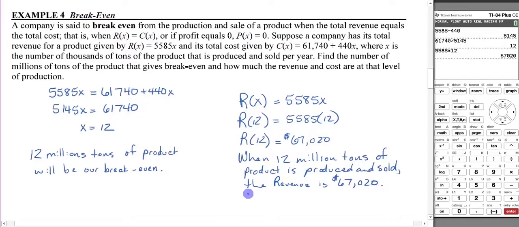Okay, now the cost of producing 12 million tons of product is going to be 61,740 plus 440 times 12.